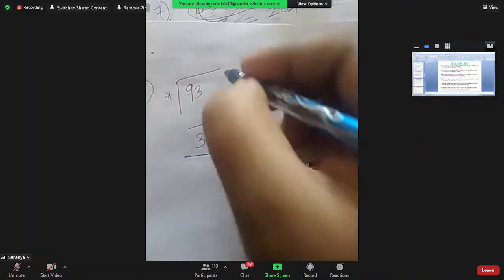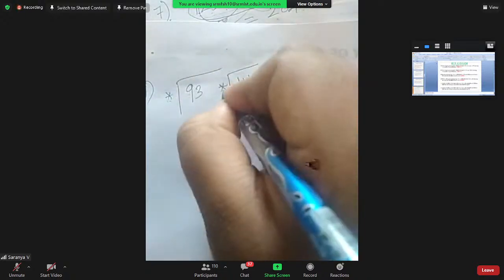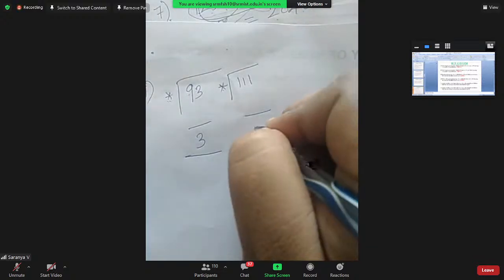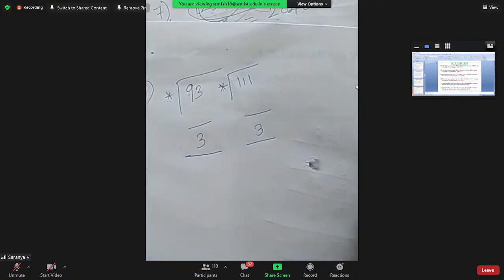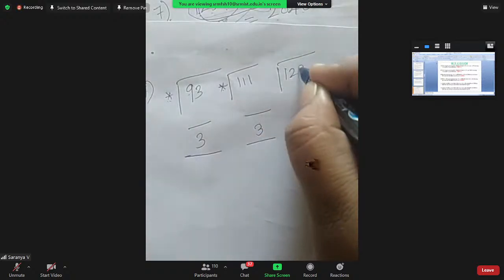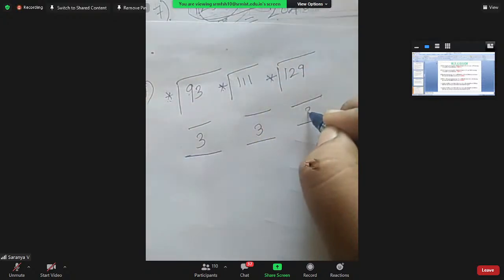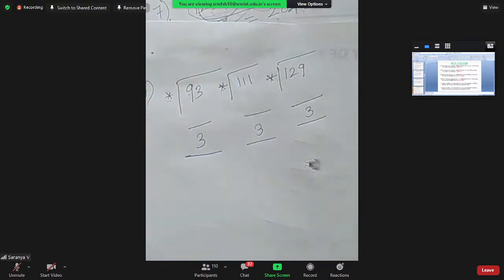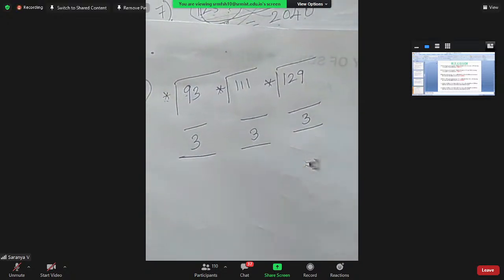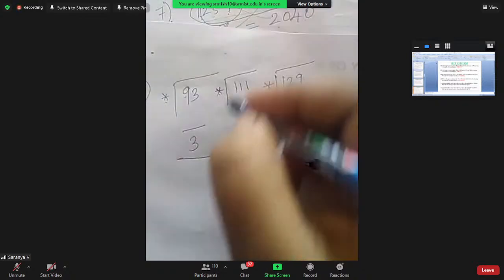And the same thing, when I divide 111 by the same number, I'll get the remainder 3. And when you divide 129 by the same number, I'll get the remainder 3. Got it? So now you have to find this number.